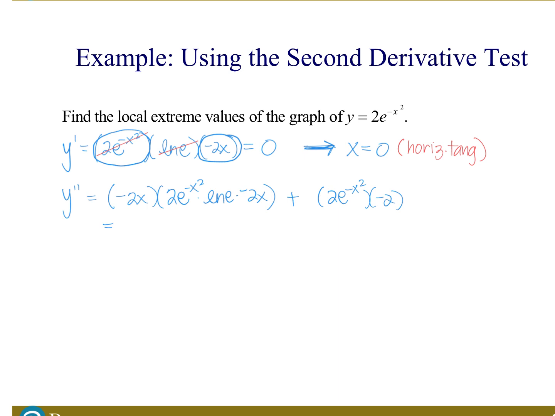So we've got positive 8x e to the negative x squared minus 4 e to the negative x squared, which really is 8x over e to the x squared minus 4 over e to the x squared.